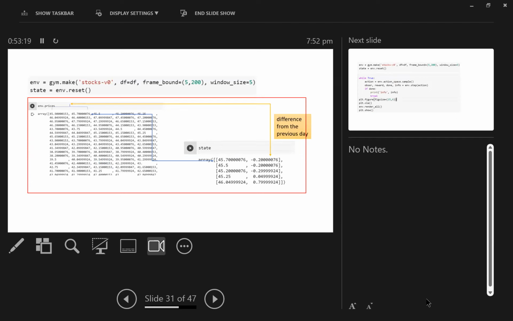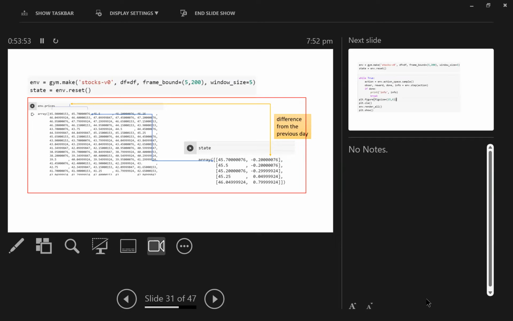Basically, this is what we get. You call any trading gym to make an environment, and then of course you are calling the environment library. Remember, we are working on stock, so we have a stock environment, version 0.